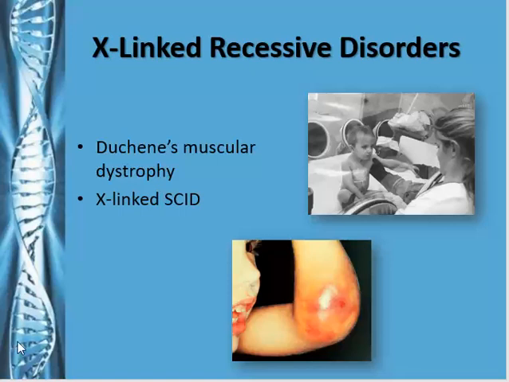The two big ones are Duchenne's muscular dystrophy and SCID, which is severe combined immunodeficiency disorder. That's the bubble boy. It's a severe defect in the production of lymphocytes, T and B lymphocytes.